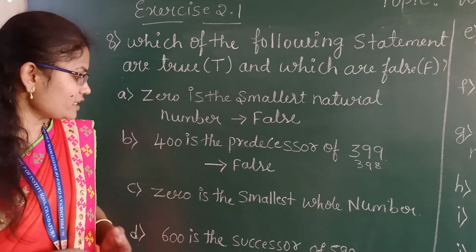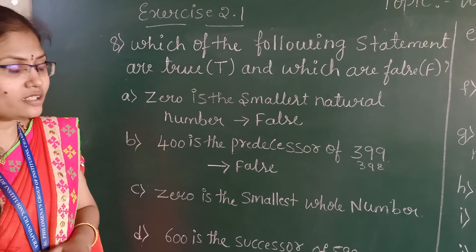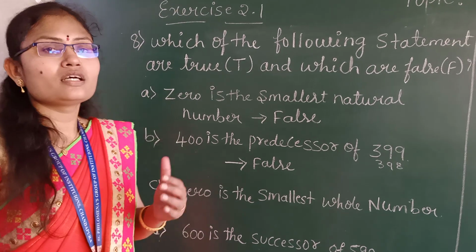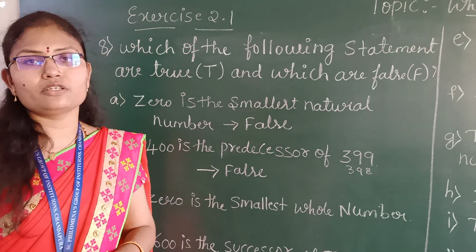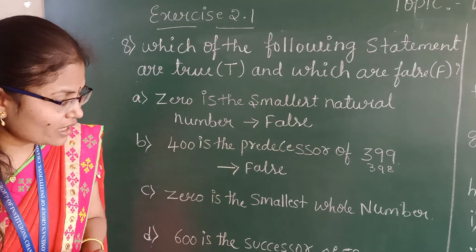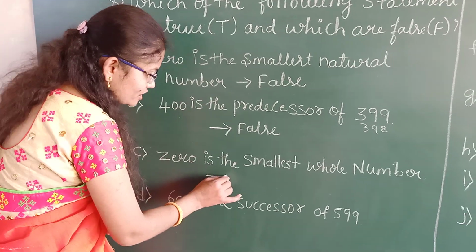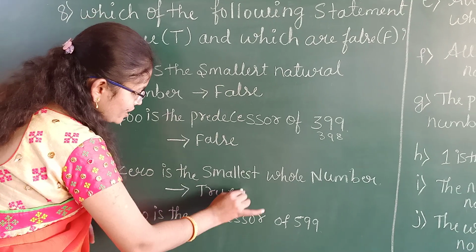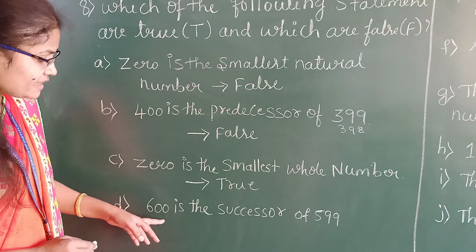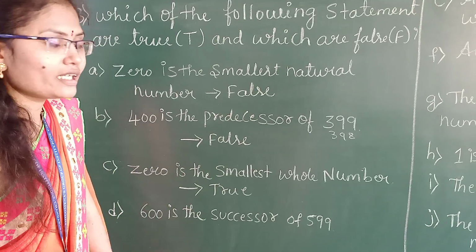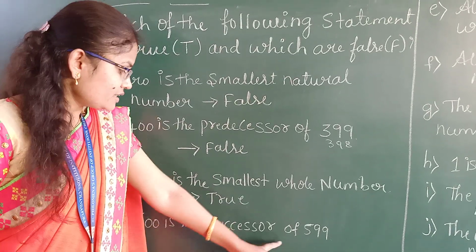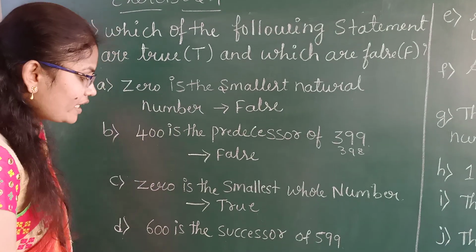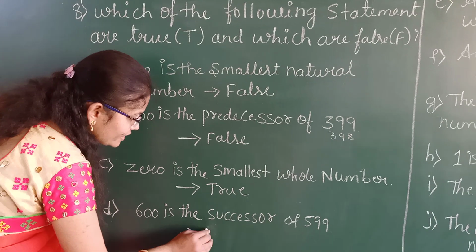Yes, obviously 0 is the smallest whole number because the whole numbers begin from 0, 1, 2, 3, till infinity. It is true. Next, statement D: 600 is the successor of 599. Yes, 600 is the successor of 599. It is true.